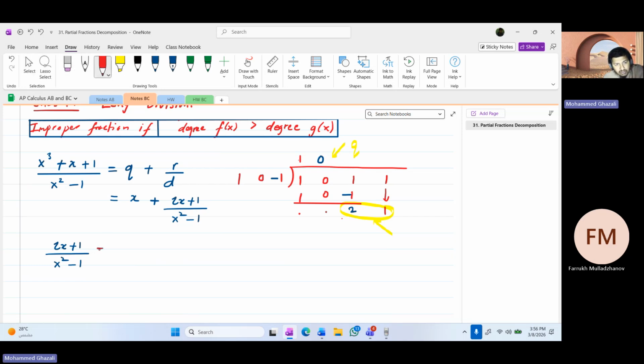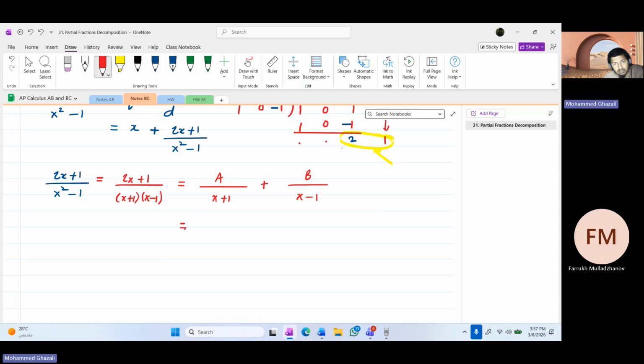So this is now equal to 2x plus 1 over x plus 1 into x minus 1. Now we're going back to case 1. Case 1 is distinct factors. So that's just going to be a, and that's going to be b. Right. So that's 2x plus 1 equals a into x minus 1 plus b into x plus 1.